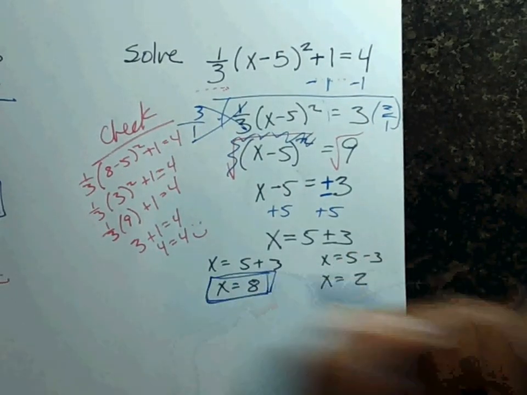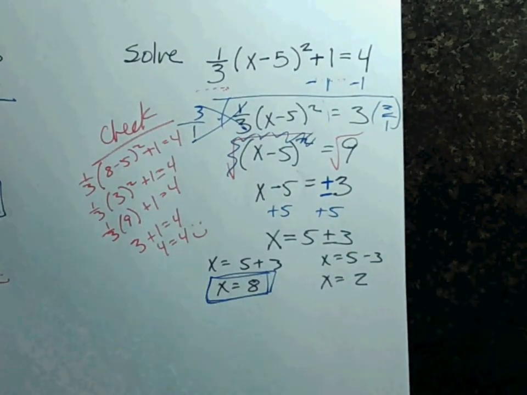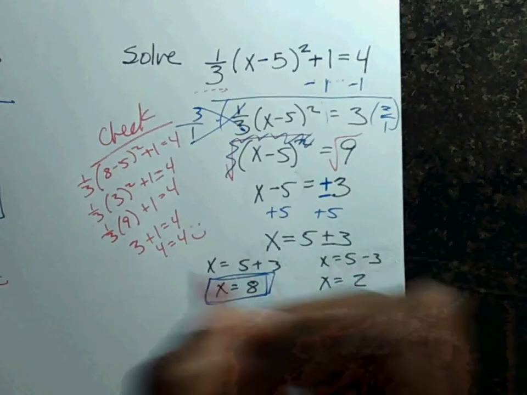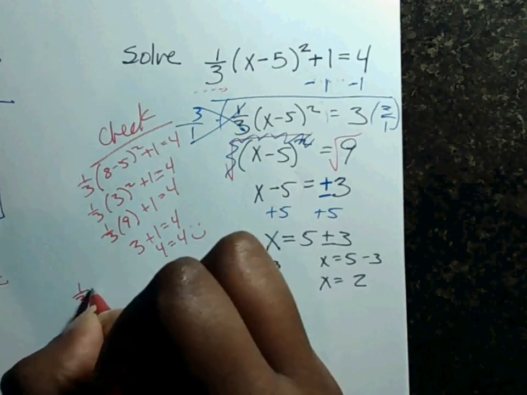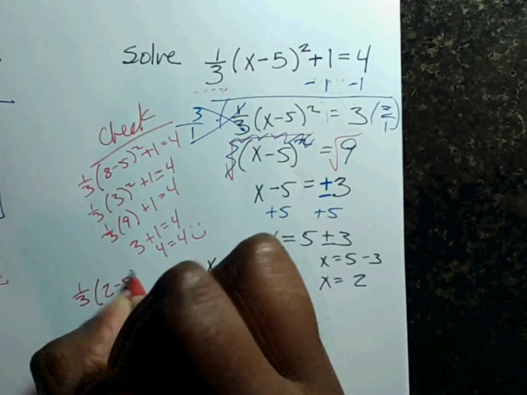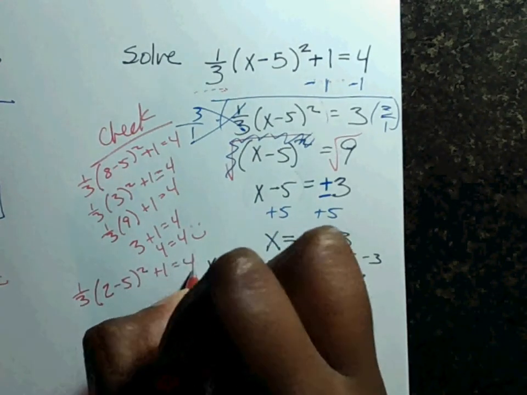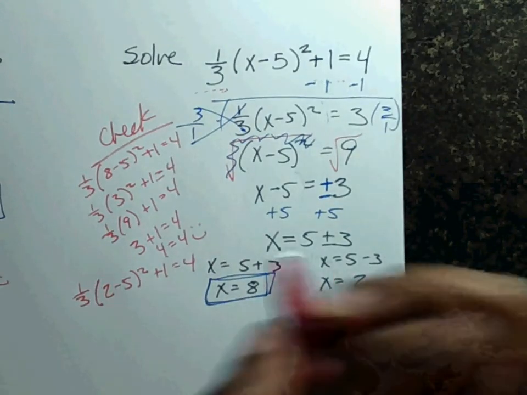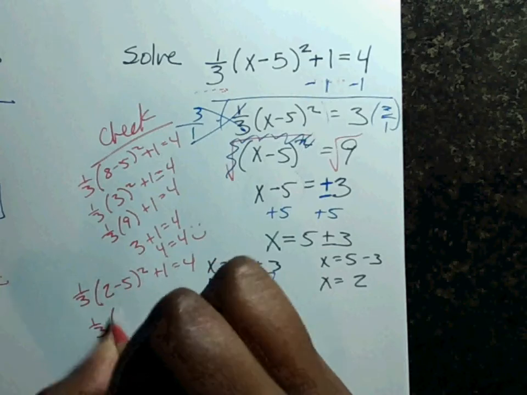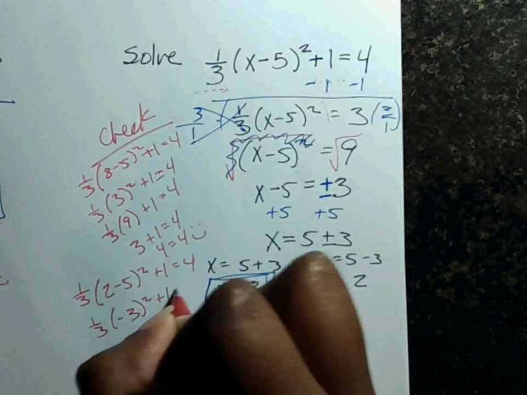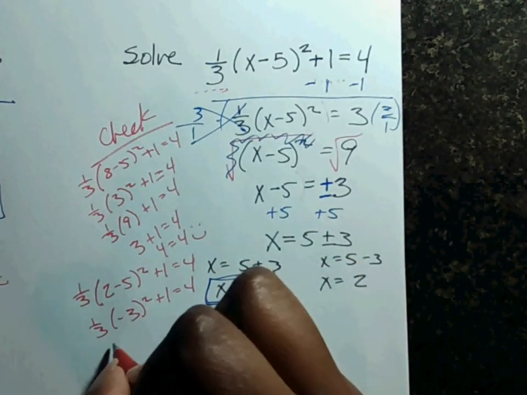Now I gotta check to see if the other one is my answer. Here we go. 2. 1/3. 2 minus 5 squared plus 1 better equal 4. 2 minus 5 is negative 3. Negative 3 squared.